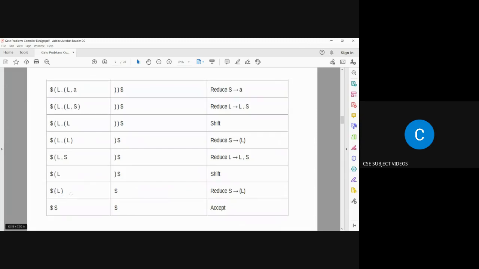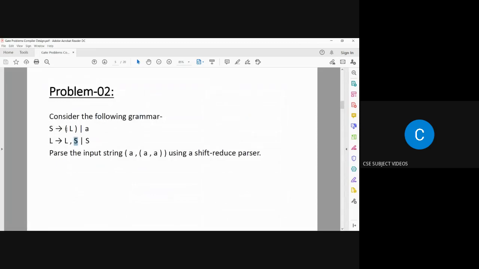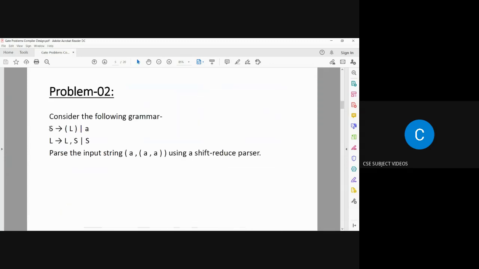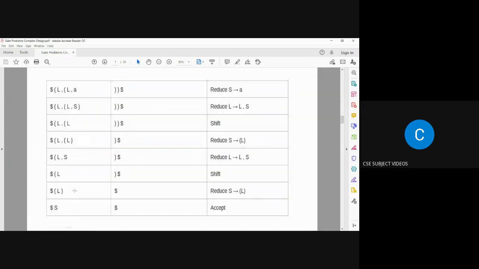According to which production? The first production, (L) is reduced by S. According to our first production, this (L) is reduced by S. S means here the starting symbol. So in the end we have the starting symbol on the top of the stack, and the input buffer has no input symbols, nil.